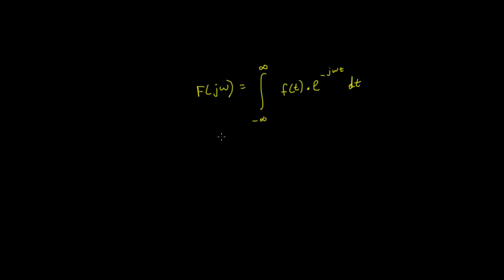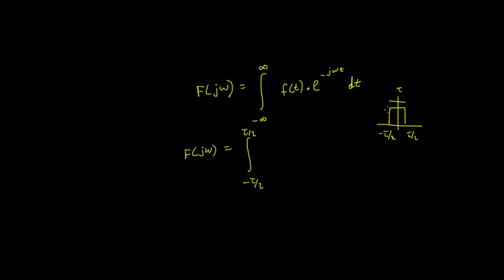Now if the function's a square wave, then we can say that F of j omega equals, and we're doing the square wave from minus tau by 2 to tau by 2, so we integrate from minus tau by 2 to tau by 2.